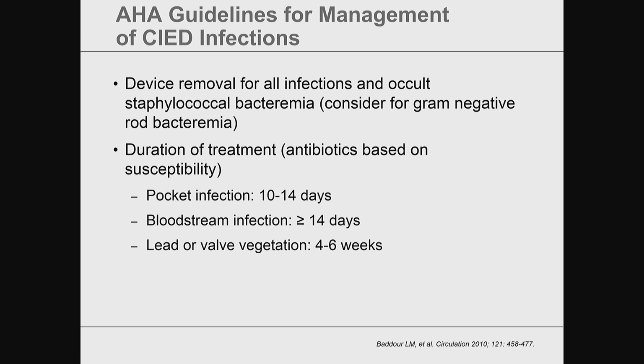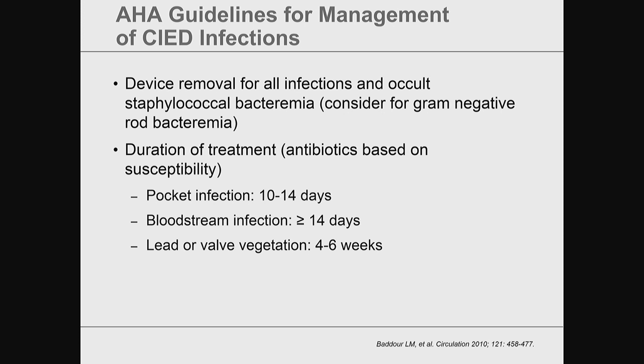The current AHA guidelines for management of these infections include device removal for all infections. If the patient does not have any evidence of a lead, valvular, or pocket infection but has occult staphylococcal bacteremia, then the device should be removed. You should also think about whether or not to remove the device if the patient has gram-negative rod bacteremia.